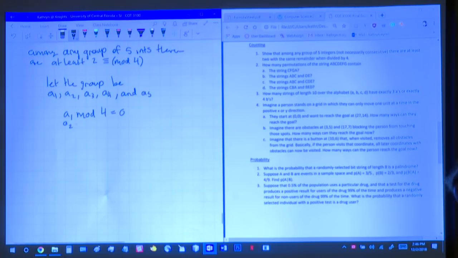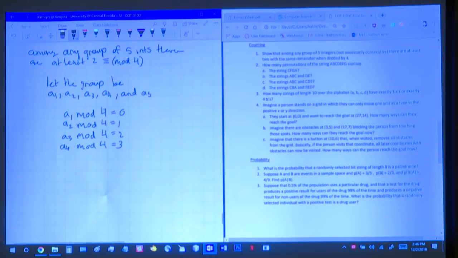We can let A2 mod 4 equal 1, A3 mod 4 equal 2, and A4 mod 4 equal 3.